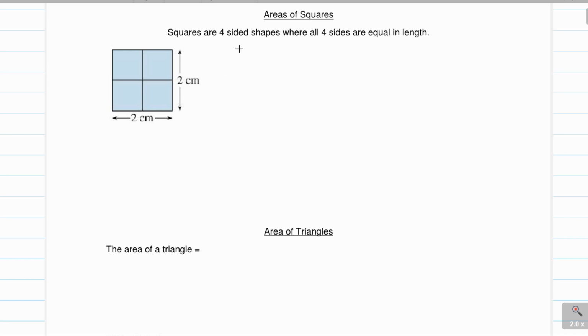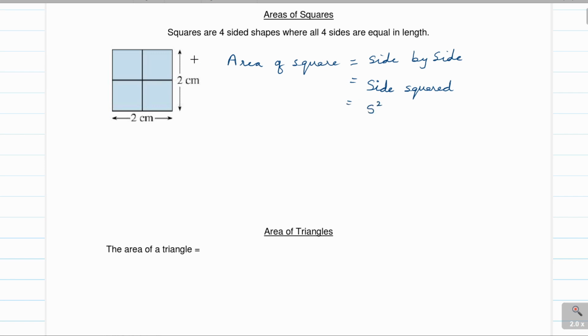Now, squares are four-sided shapes where all four sides are equal in length. So the area of a square here, we wouldn't use length times width. We would use something called side by side, or we could say side squared, and we write it as S squared.